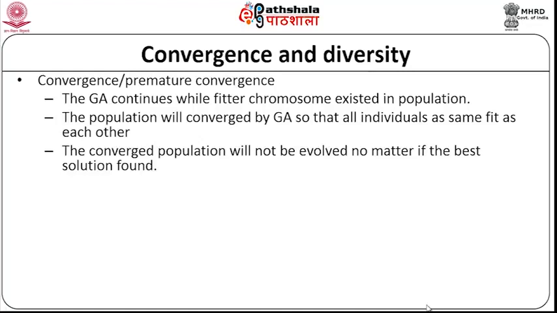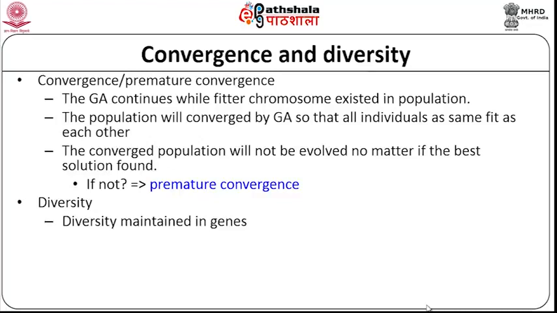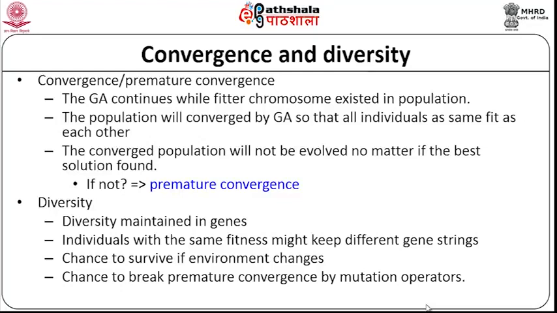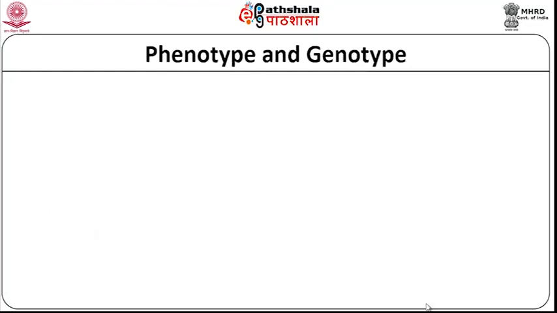So, it will not evolve if the best solution is found; if not, it is premature convergence. Diversity is maintained in genes. Individuals with the same fitness might have different gene strings, same fitness, okay. And they have a chance to survive if the environment changes. So, adaptability is brought in by diversity. There is a chance to break premature convergence by mutation operations, which is also the possibility of divergence.